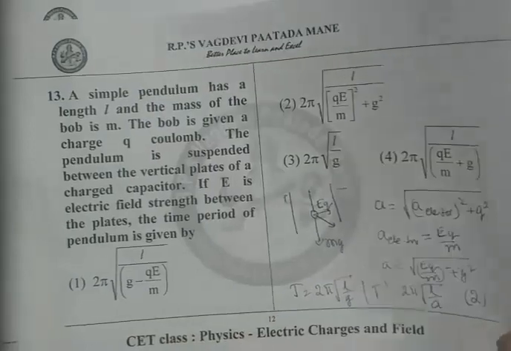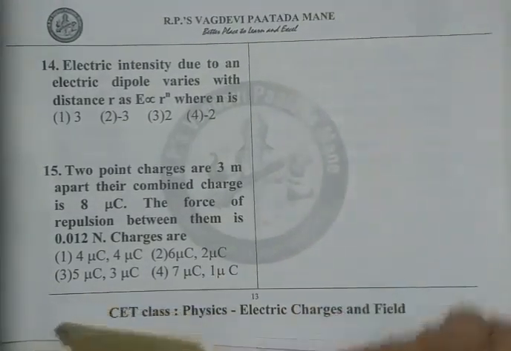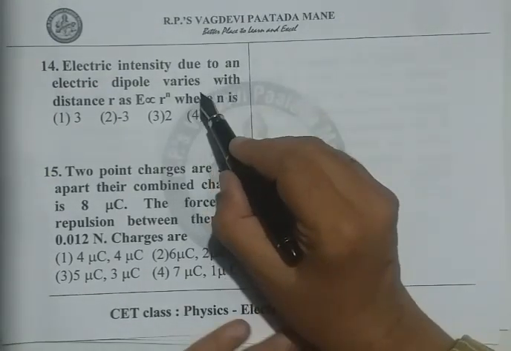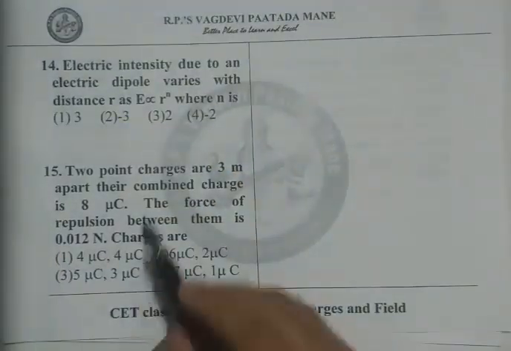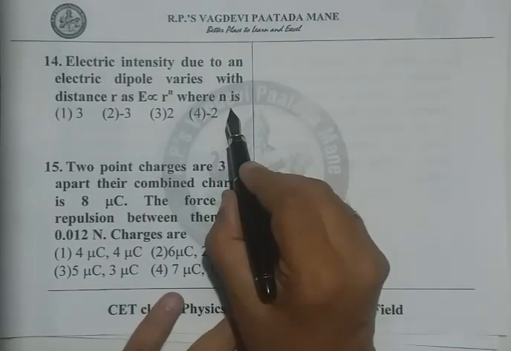Now, going over to the next question. Say the electric intensity due to an electric dipole varies with R as E proportional to R to the power of N, where N is?